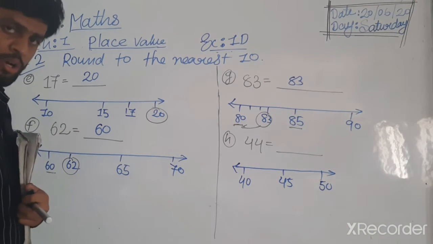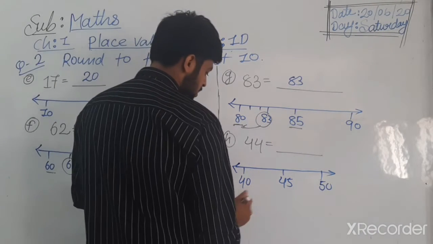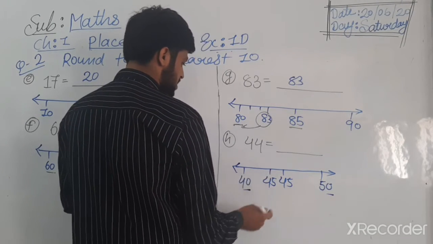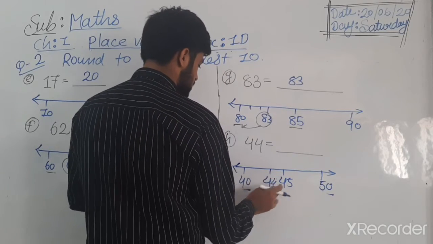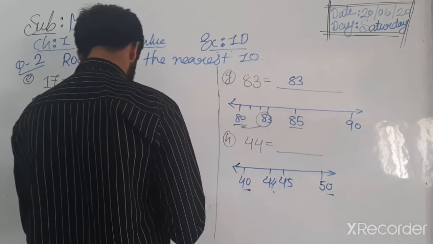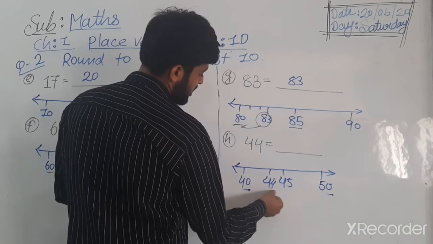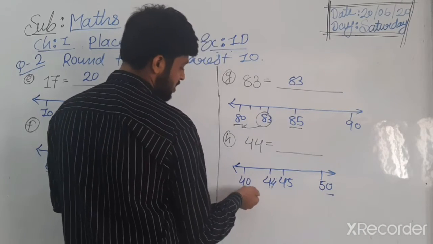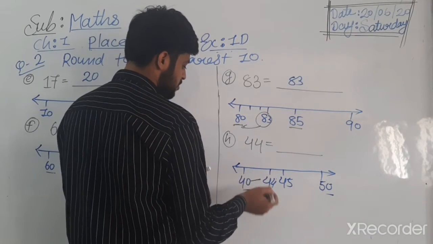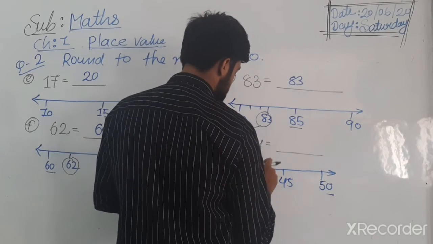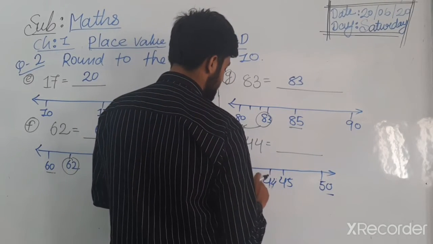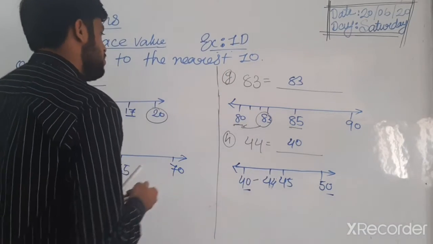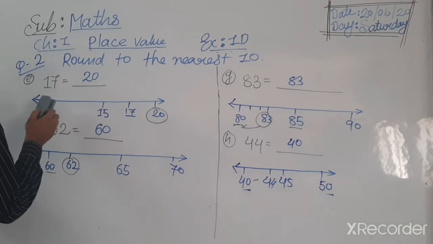So 40 and 50, in between is 45, and 44 is before it. Which ten is nearest to 44, 50 or 40? Obviously there is a short distance to 40. So we write 40.